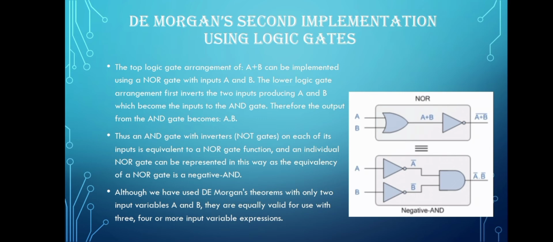Therefore, the output from the NAND gate becomes A not B. Thus, an AND gate with inverted NOT gates on each of the inputs is equivalent to the NOR gate function, and individual NOR gates can be represented in this way, as the equivalency of a NOR gate is negative. And throughout we have used De Morgan's theorem with only two input variables, A and B, but it is equally valid for use with 3, 4 or more input variable expressions.